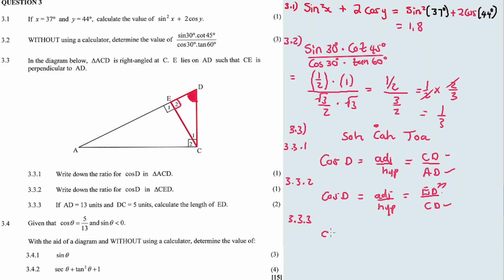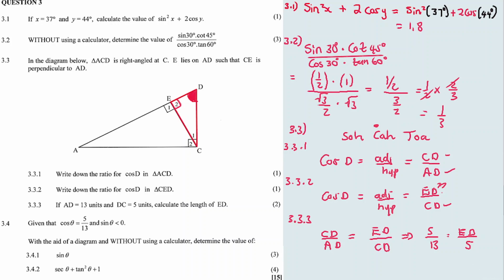So CD over AD is equal to ED over CD. Yes? Over CD. And then babuya bathi uCD or DC, it's 5 divided by AD 13 equal to, sifuna calculate ED divided by CD ubani 5 now.